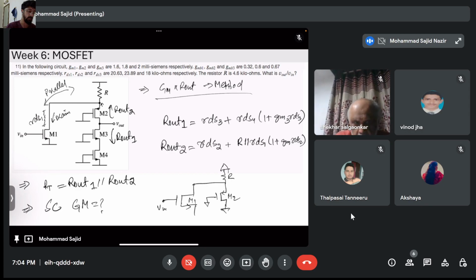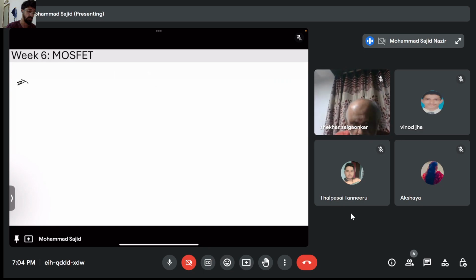Let's try to solve this. This is okay, right? If this is okay, then let me just draw the equivalent circuit.